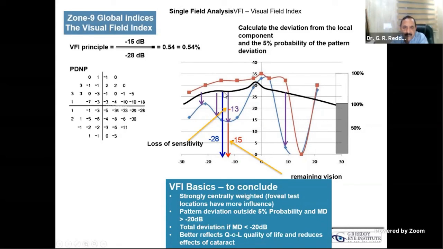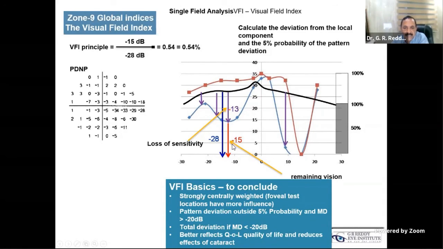From that point, how much the loss is there? Here, actually, the 28 dB loss is considered to be 100% loss. In this patient, the loss is 13, and the patient still has 15 dB of vision value.